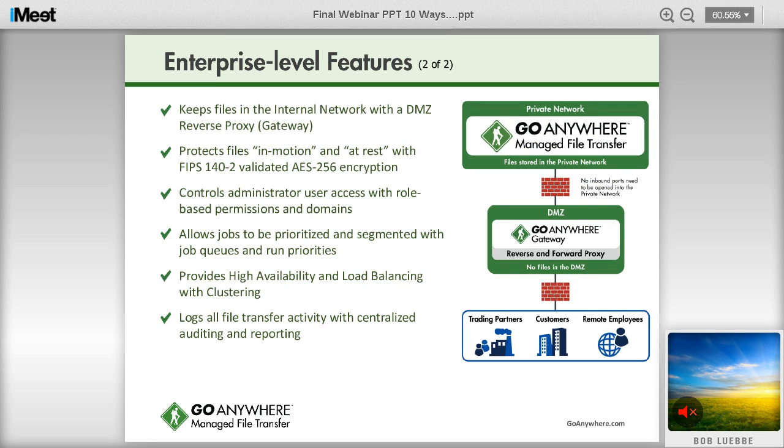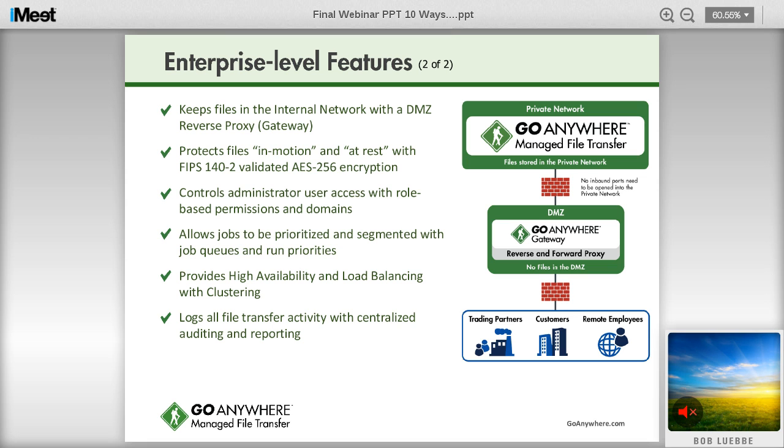Just a couple things to point out on the next slide is we have a gateway component that you can put out in your DMZ. The advantage of that is your trading partners can connect into the SFTP or HTTPS server in GoAnywhere, but you don't have to open up any inbound ports into your private network, because you're going to have your gateway out there acting as a reverse proxy in your DMZ area.